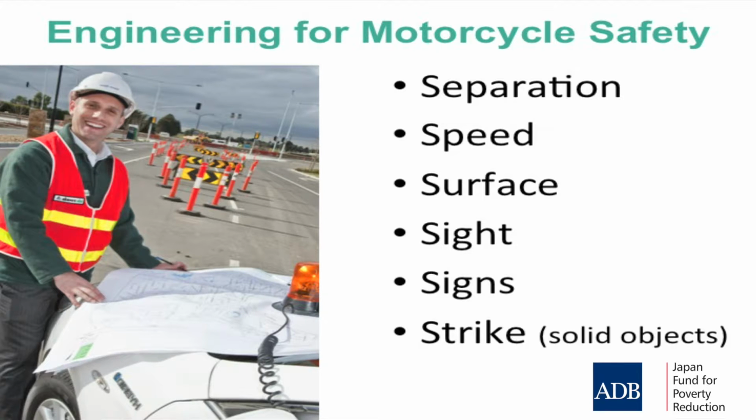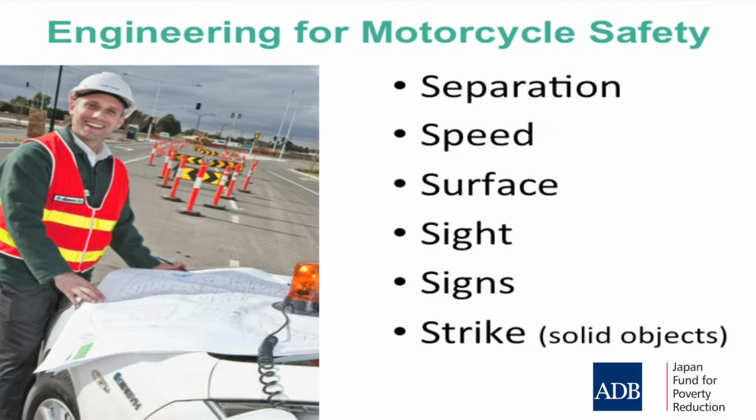I use these points to think about the needs of motorcycle riders when I'm designing a road or planning a road. Separation. If we can separate the motorcyclists from the cars and the trucks and the pedestrians, this is a very helpful thing. I'll give you examples and photos of this later.